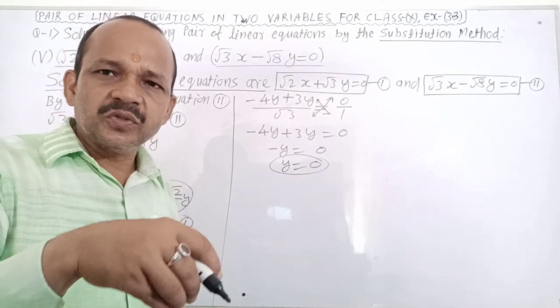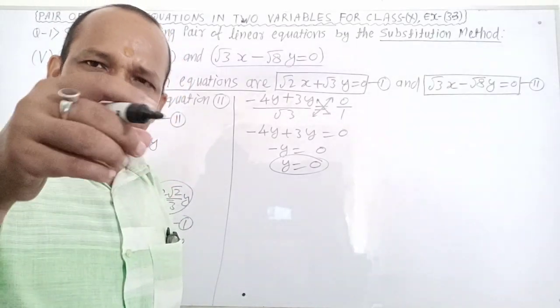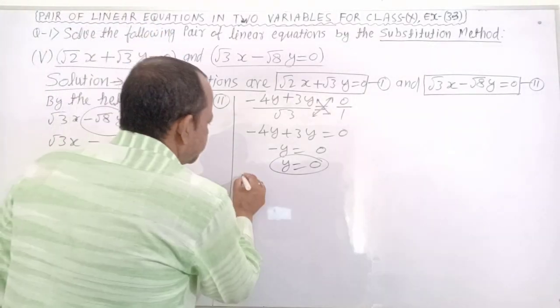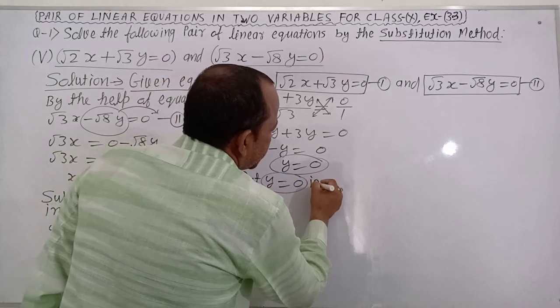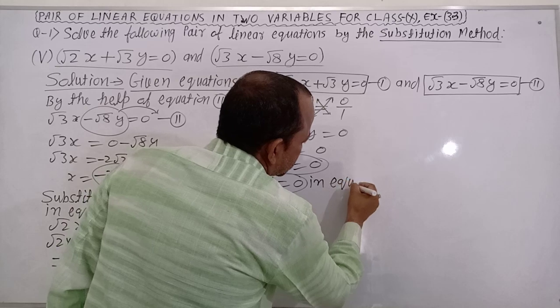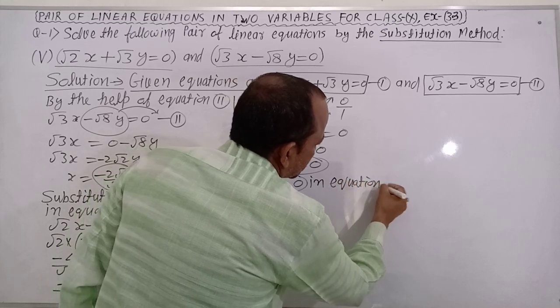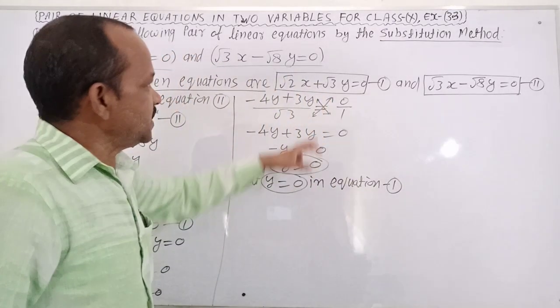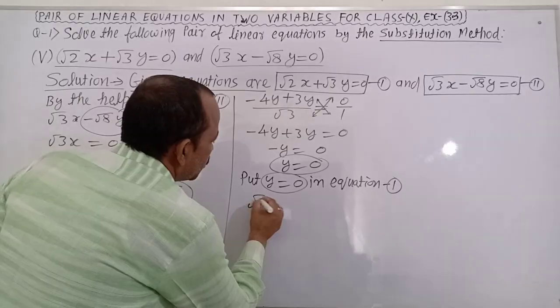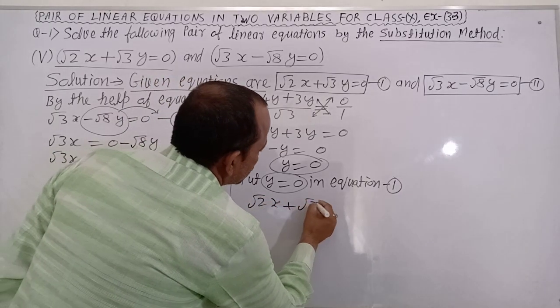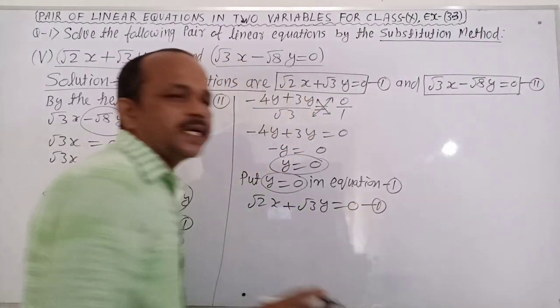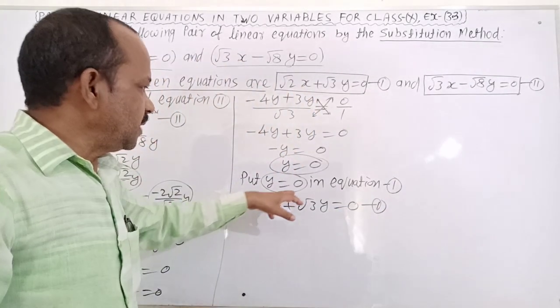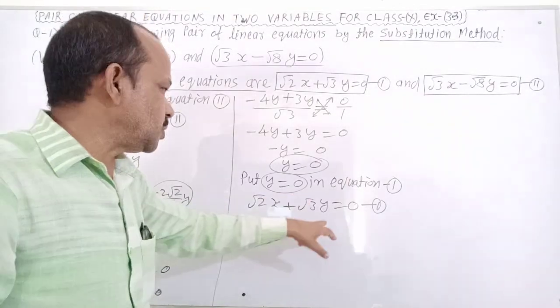Clear? Now you put the value of y equal to 0 in equation first. Equation first is root 2x plus root 3y equal to 0. Put the value of y equal to 0 here.